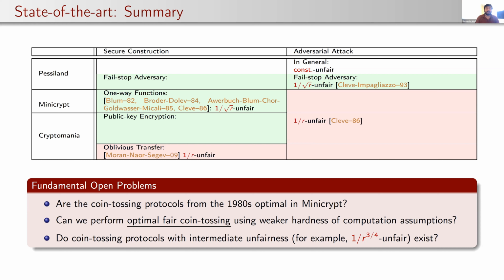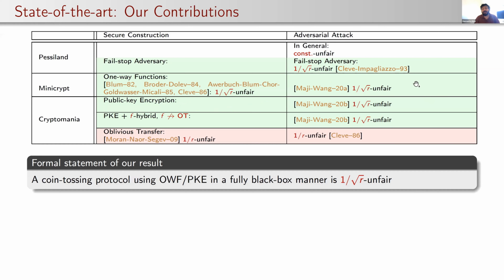So let me quickly summarize using this picture what our contributions are. We were able to show that this entire region is green. This means in Minicrypt, where one-way functions exist, we show an attack that shows that any coin tossing protocol is 1 by square root r unfair. We also show in a subsequent work that if you are using public key encryption, still protocols are 1 by square root r unfair.